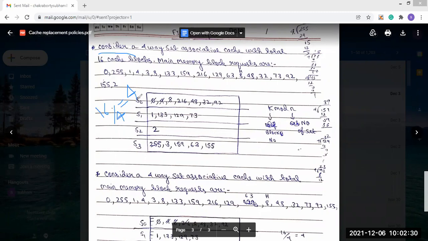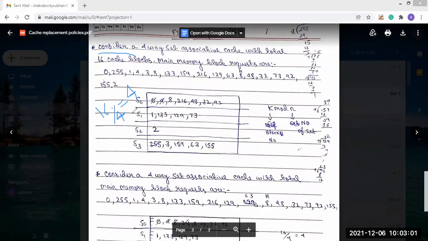The cache is capable of storing 16 blocks, and 16 divided by 4 gives the number of blocks a set can store at a particular moment, which is 4.